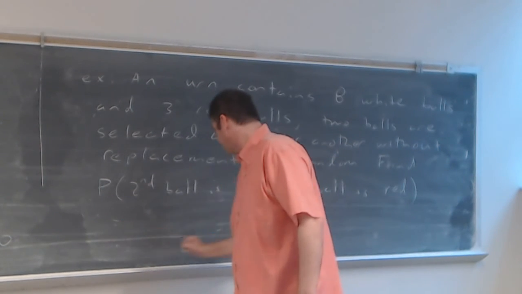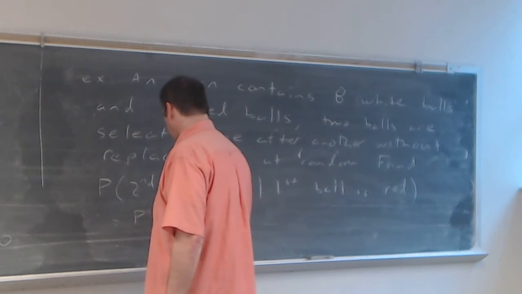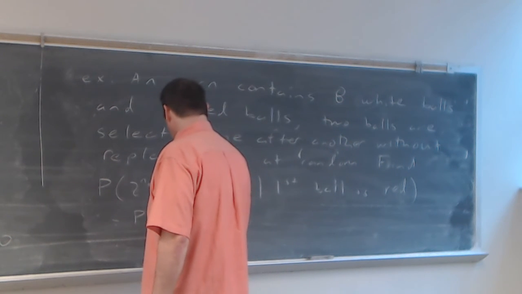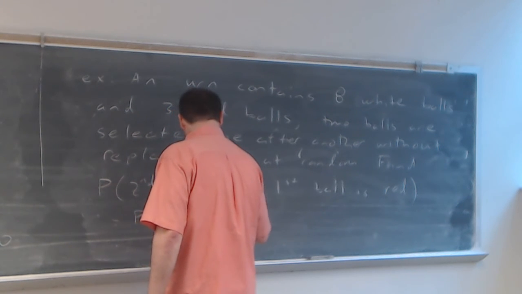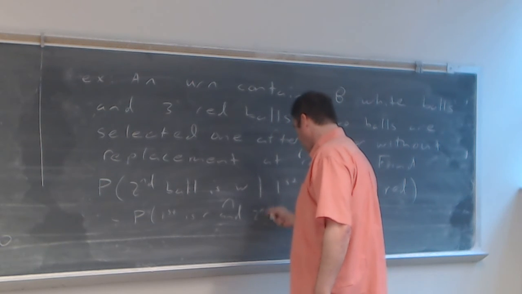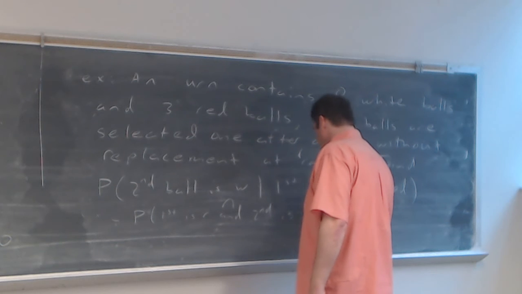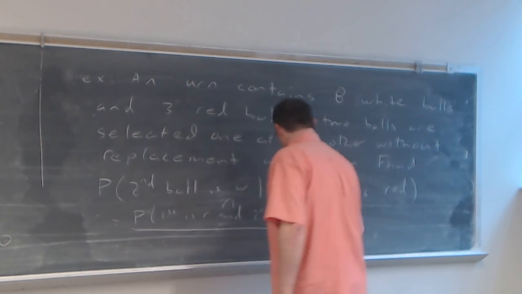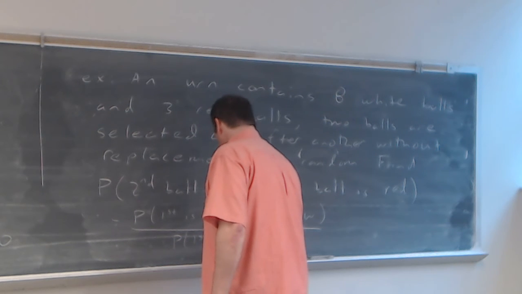So here's what I would do. I would use the definition of conditional probability. So this is the probability that the first is red and, that's what intersection means, the second ball is white over the probability the first ball is red.